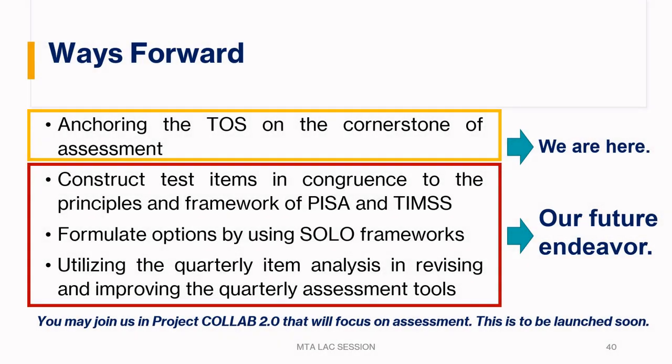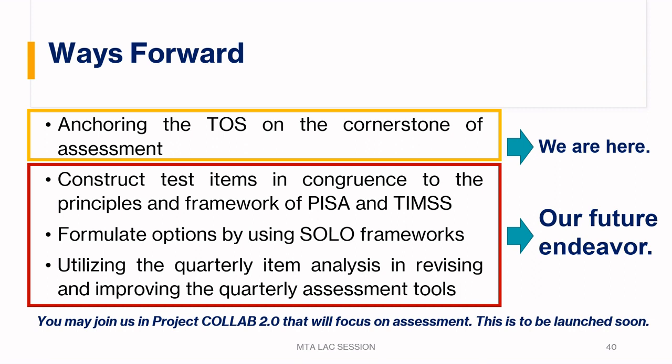For the ways forward, technically we are taking the first step, and we still have the remaining 3 steps, and this will be the focus of our Project Collab 2.0 in senior high school English. So there is a transition from Project Collab 1.0 that we implemented last year that focused on learning delivery.